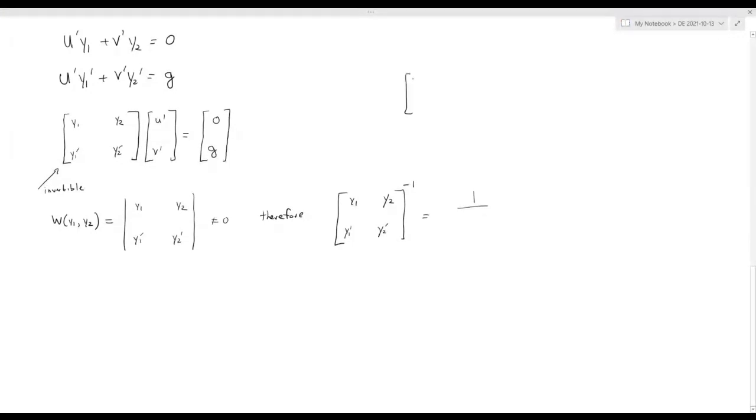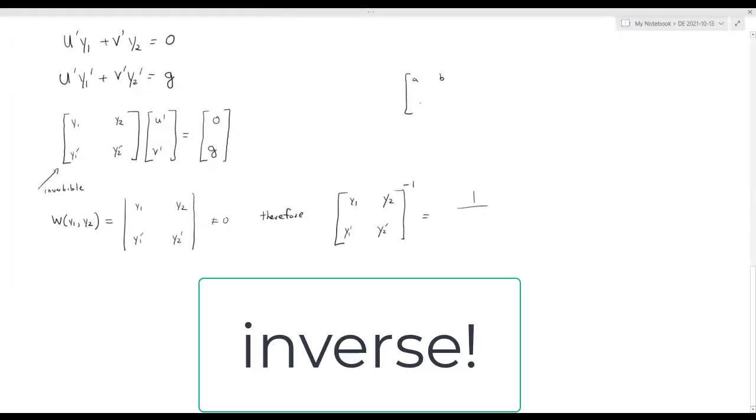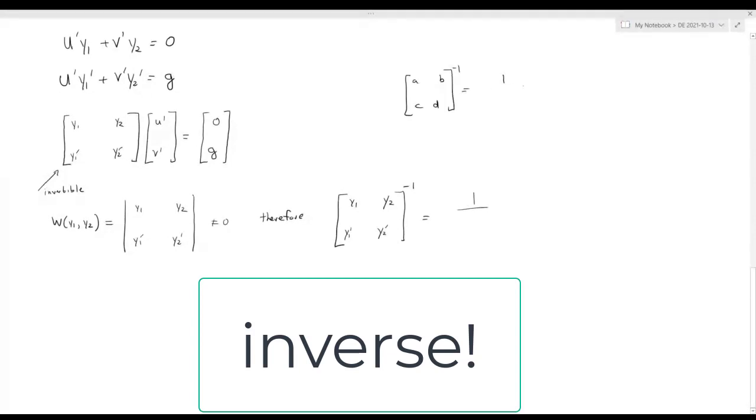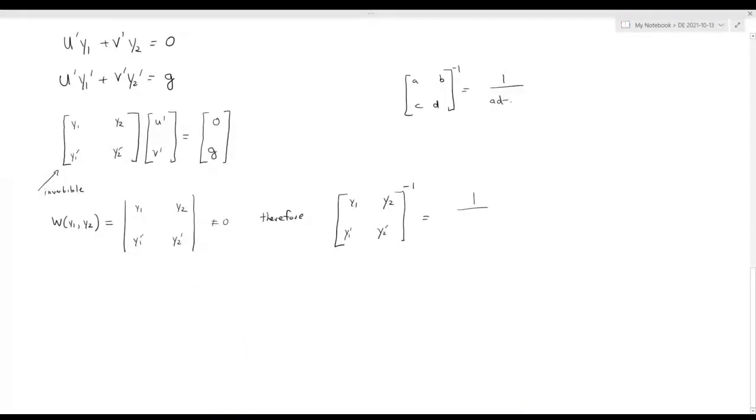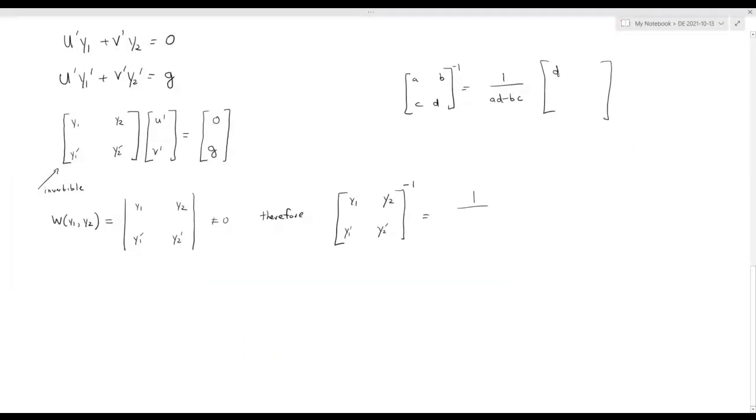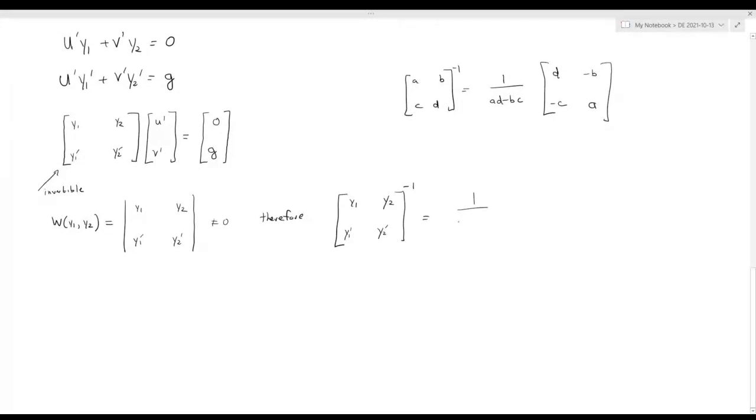So just to remind you, the formula for the inverse of a 2x2 matrix: 1 over the determinant, exchange the diagonal entries, and change the sign on the off diagonal entries. So 1 over the determinant of our matrix is going to be 1 over the Wronskian, because that's the definition of the Wronskian.